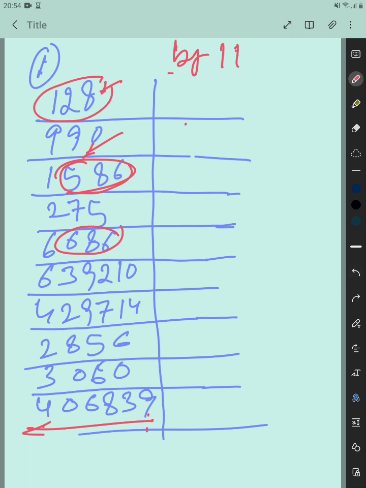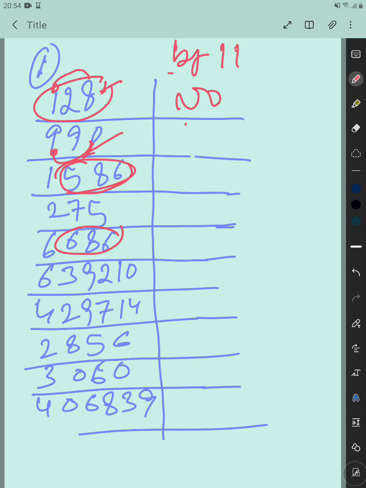We have already explained this in the previous video, you can watch that. So let's find out here. Here it is 8 plus 1 minus 2. 8 plus 1 is 9, 9 minus 2 is 7. 7 is not divisible by 11, so no. Here the odd-place digits sum to 9 and the even-place digits sum to 9, so 9 minus 9 is equal to 0.